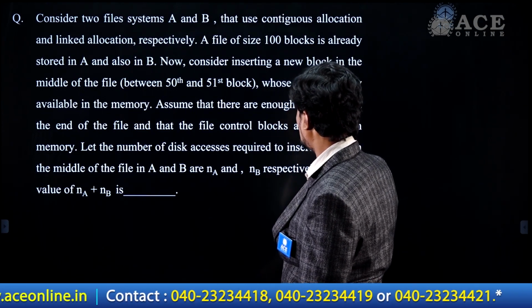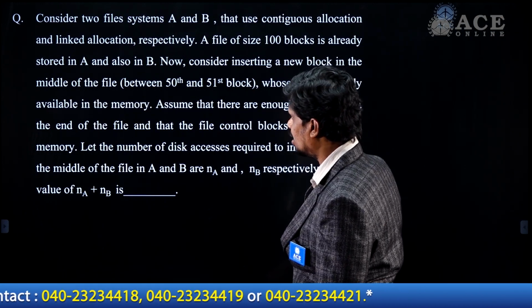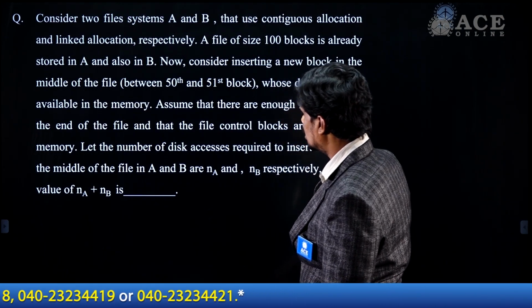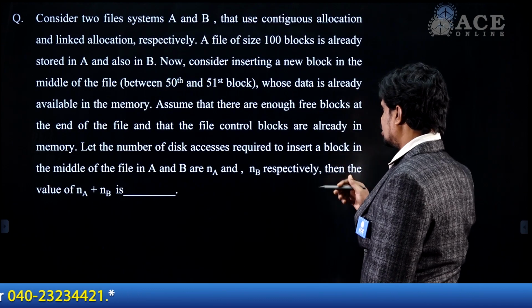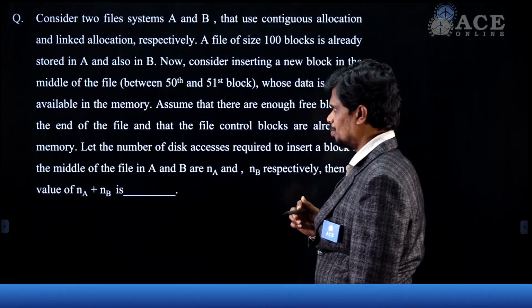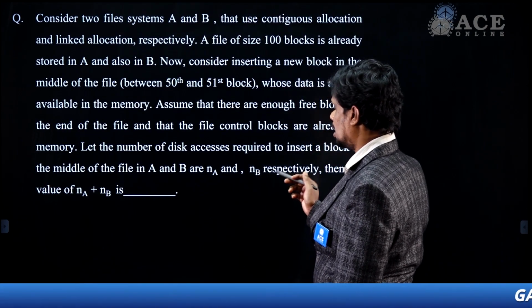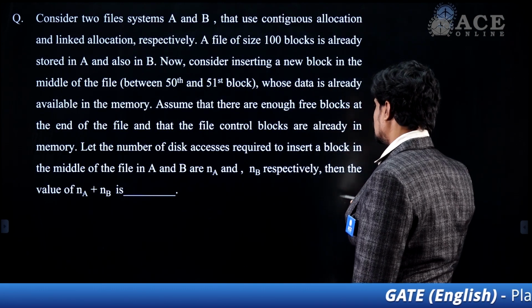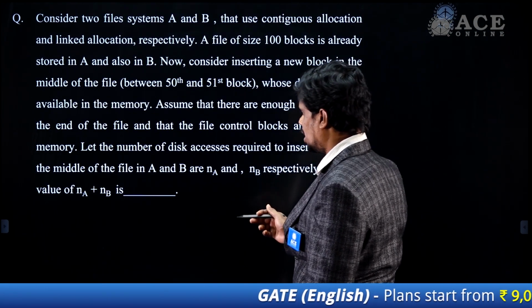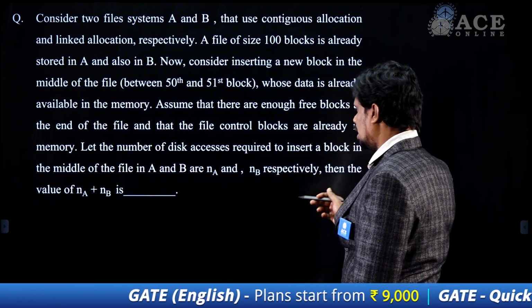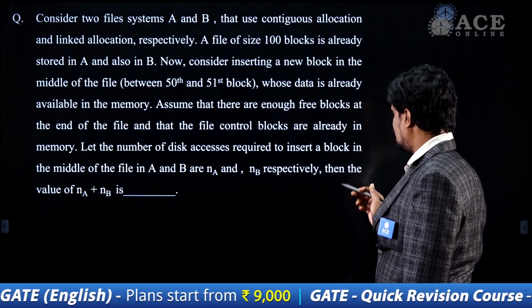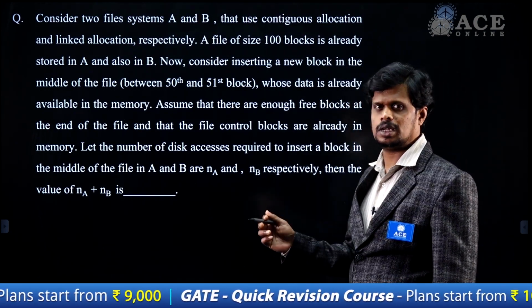Assume that there are enough free blocks at the end of the file and that the file control blocks are already in memory. Let the number of disk accesses required to insert a block in the middle of the file in A and B be NA and NB respectively. Then the value of NA plus NB is.